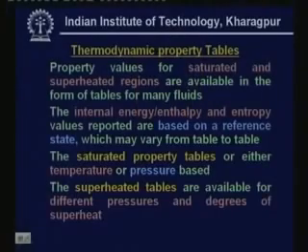And normally the superheated tables are available for different pressures and degrees of superheat. We shall discuss these tables when we actually perform the refrigerant calculations. If you look at any of the textbooks on thermodynamics or refrigeration, at the end of the textbooks these property tables are available for a wide variety of refrigerants. And I am sure that you must have used these tables in your basic thermodynamics.